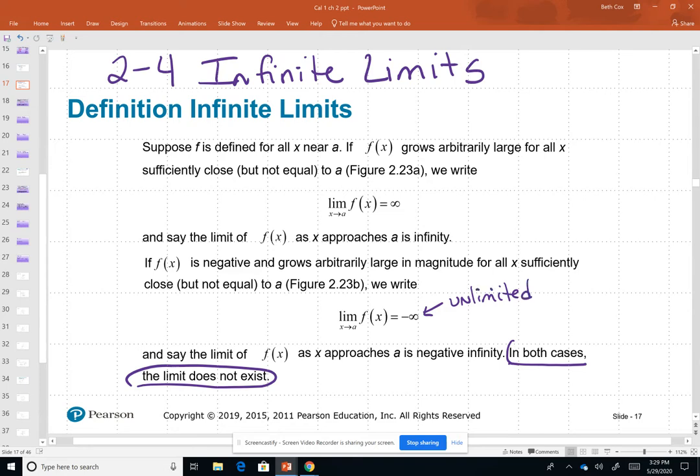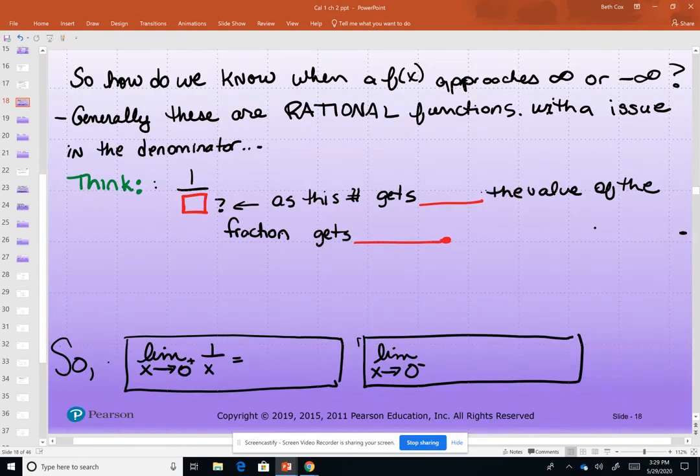So yes, it is going to infinity, but if you specifically ask, the limit actually does not exist because it's unlimited.